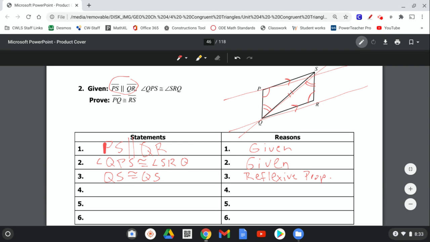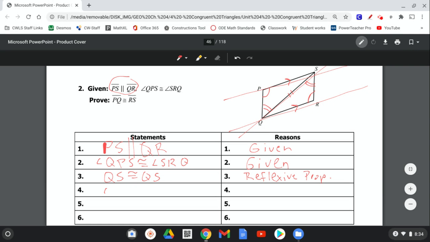All right, because those are alternate interior angles. And if you haven't noticed, if we have two triangles that butt up next to each other and form a quadrilateral or something with four sides, okay, because we have a shape with four sides here, it's always going to be alternate interior angles, okay? They butt up next to each other, it has to be alternate interior.